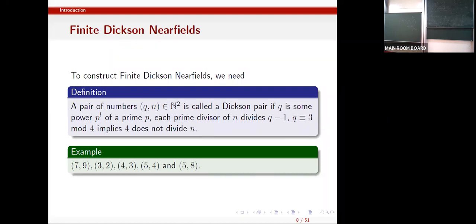Can you repeat it? Yes. 7 exceptions. Yes, all the near fields can be represented as Dickson near fields, all of them, except 7 exceptions.